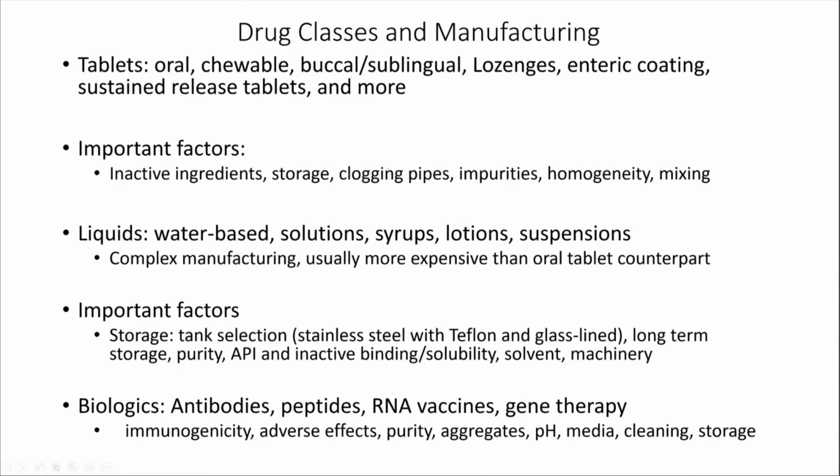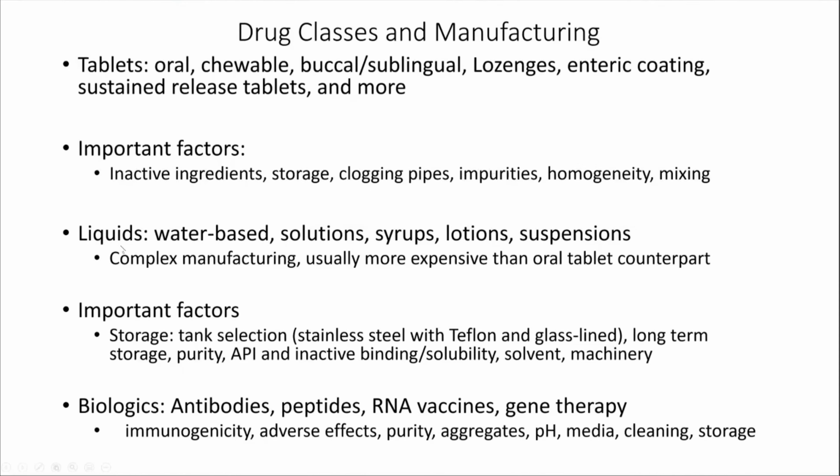All the pipes that the powder material goes through, especially with wet granulation where liquid is involved, need agitators. Every pipe has an agitator on it in order to release all of the gunk that gets built up on the walls, kind of like a blood clot. And of course, with every drug manufacturing process, we need to keep an eye on impurities. Also homogeneity is important, and then the extent of mixing. Those are very important things.